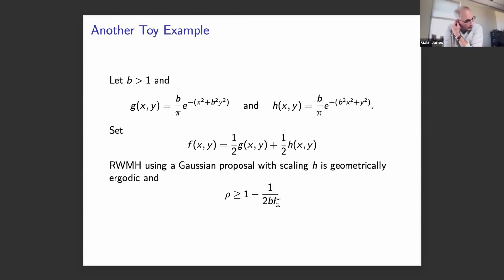And so this tells you exactly that if you start choosing h to be large, then the ratio here is going to be close to 0, and the convergence rate will be close to 1, and it'll be slow. So in this context, it gives you an explicit result that explains how that can happen.